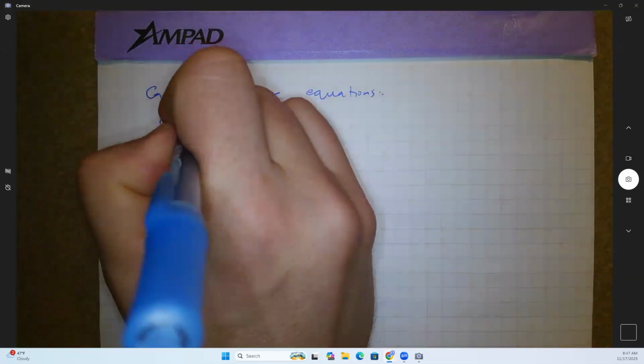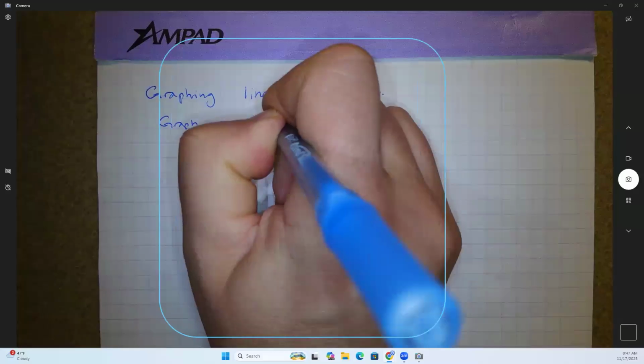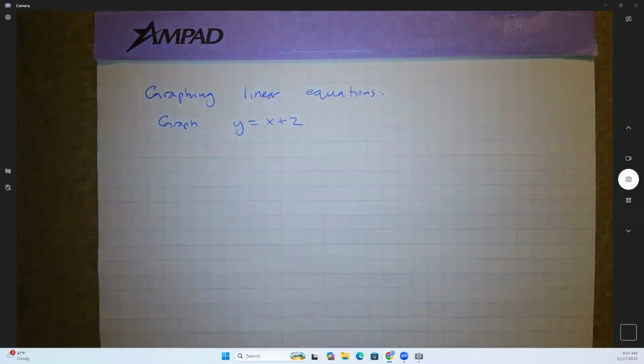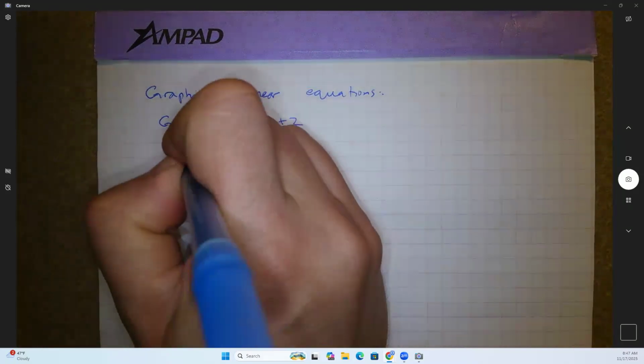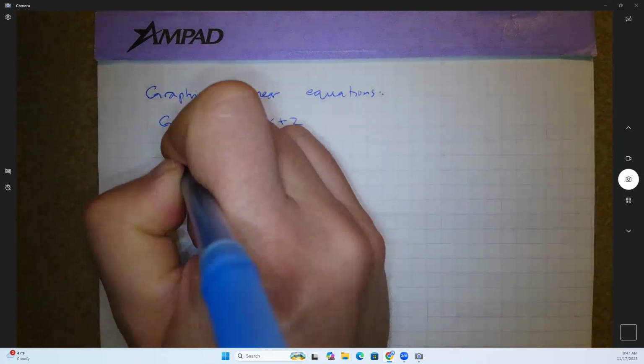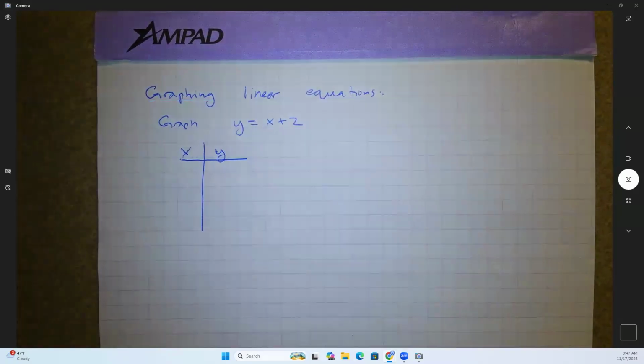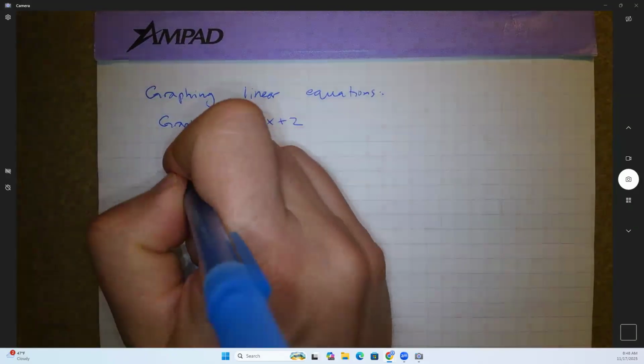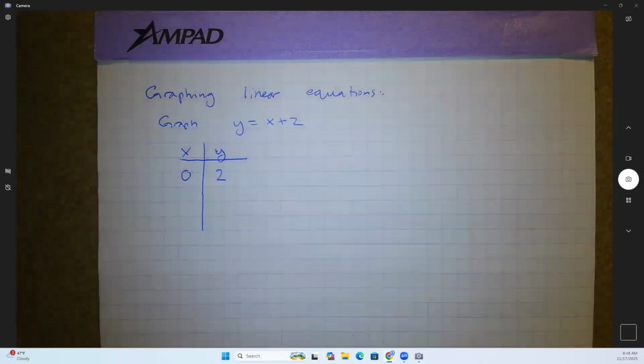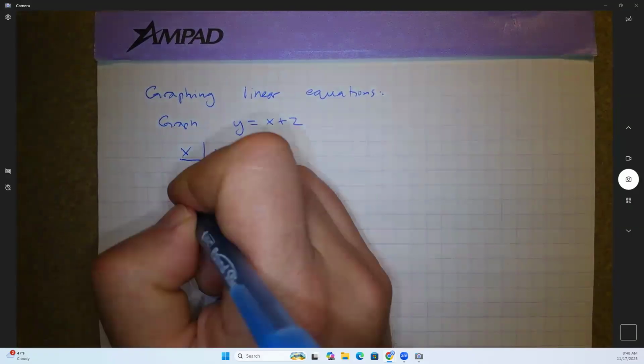So let's graph by hand that first one, y equals x plus 2. And the way that I recommend doing it is generating a couple coordinate points. Always nice to start with 0. When x is 0, y is 2. x equals 1 is usually a good choice.